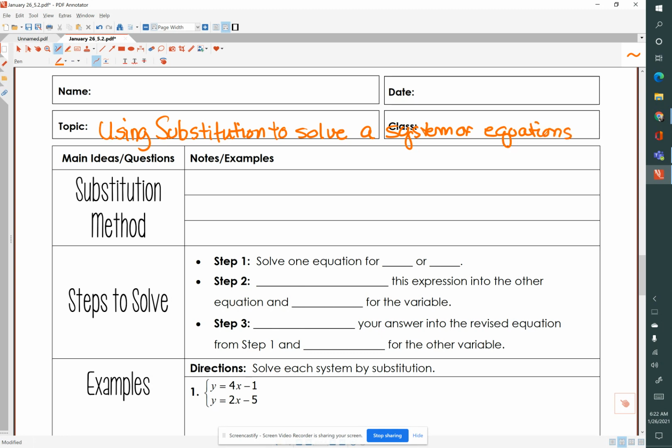So what do we mean? What are we talking about? What exactly is this substitution method? Well, it is a method of solving systems of equations by substituting equations within or inside one another.